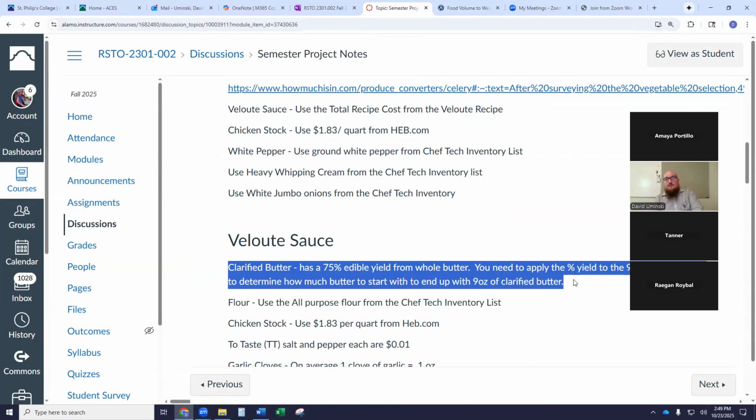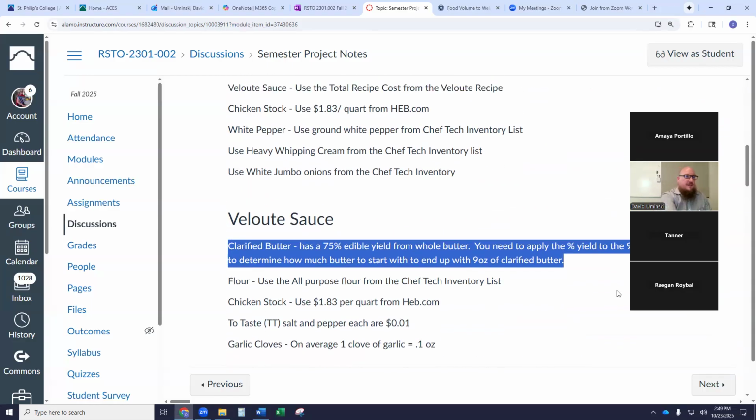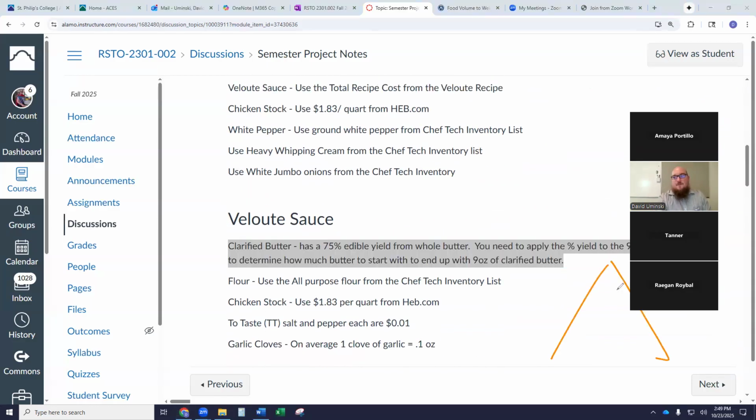Then you have to apply that edible yield. If my edible yield is 9 ounces and my yield percentage is 75%, this will tell me how much I have to start with.